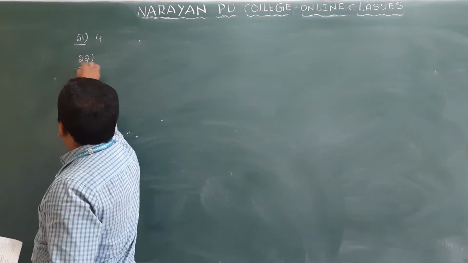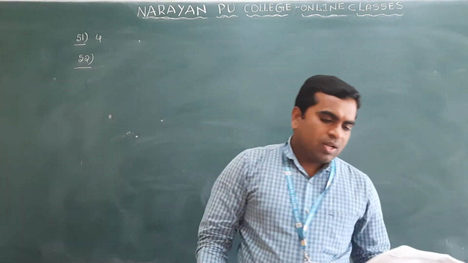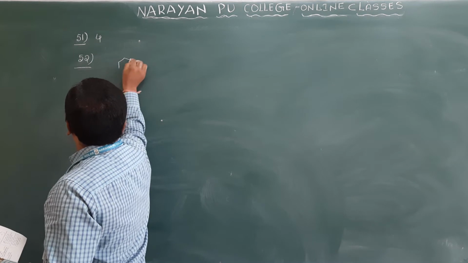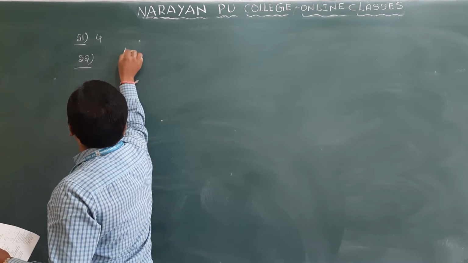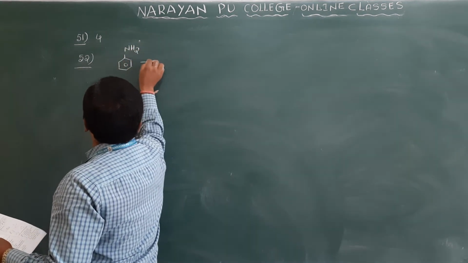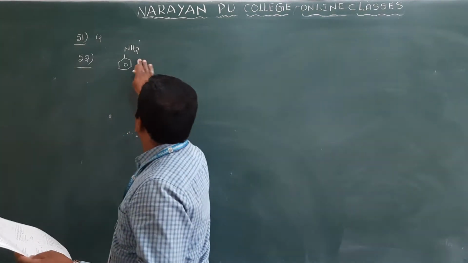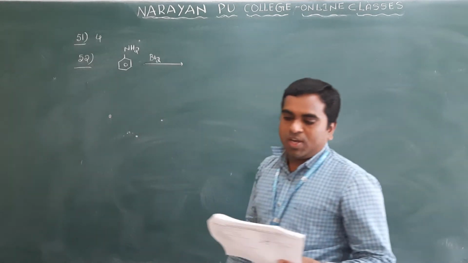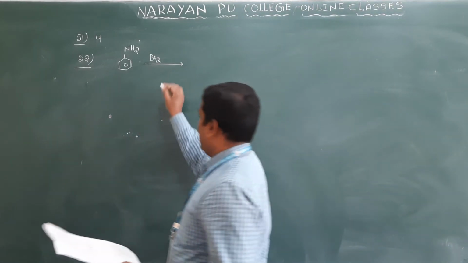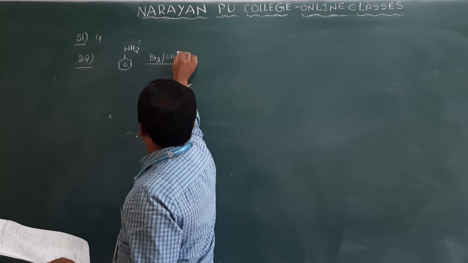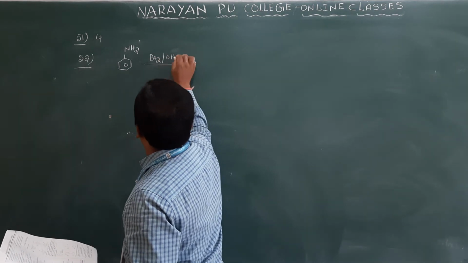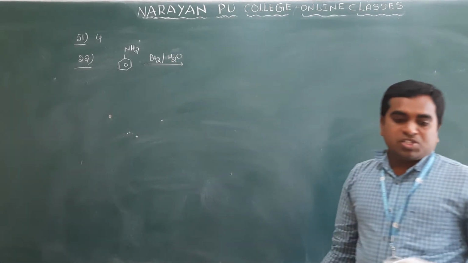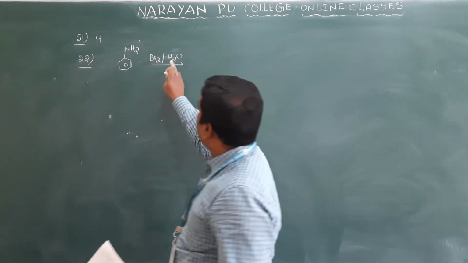Clear? Next one, 52. Same type of question. Aniline is given, with bromination in water. OH minus is given, but it should not be OH minus; it should be H2O, so bromine is added in a polar solvent.